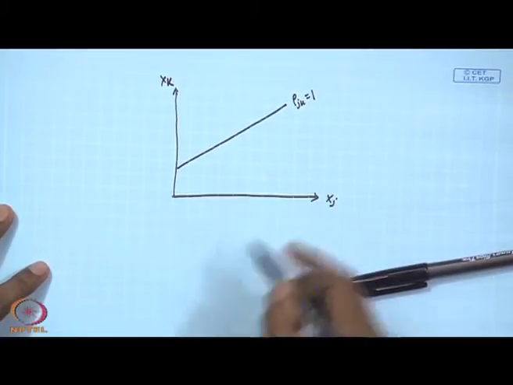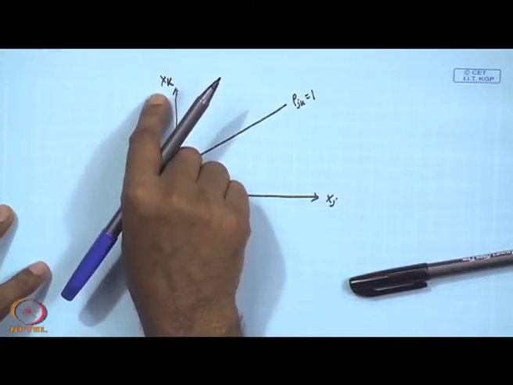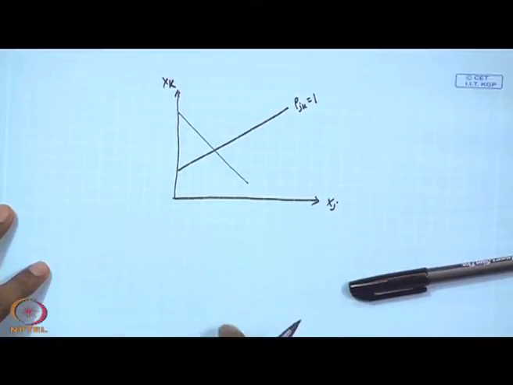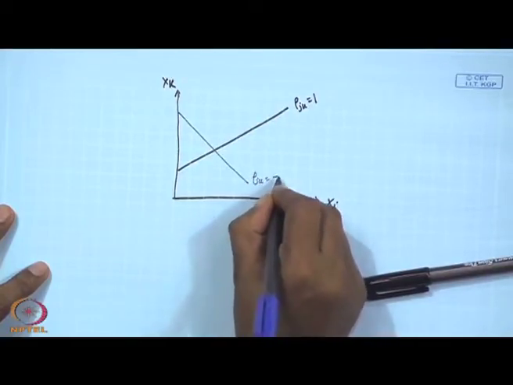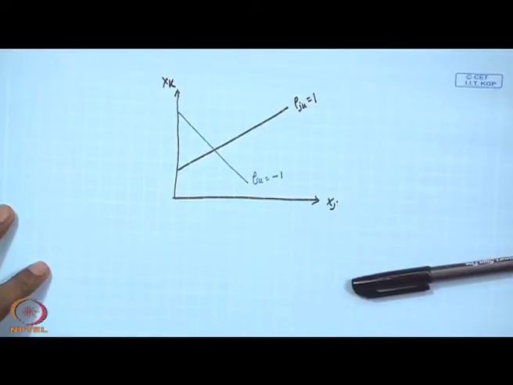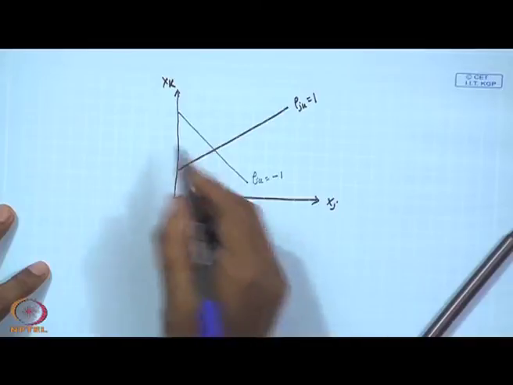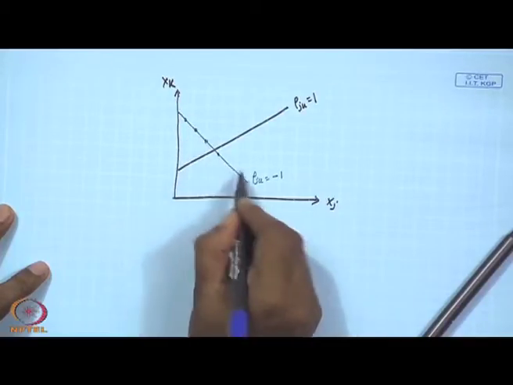And negative correlation means x_j will increase, x_k will decrease, or vice versa. So, you can think like this. Here, in this case, rho_jk equals -1, assuming that all the values of x_j and x_k fall on this line.